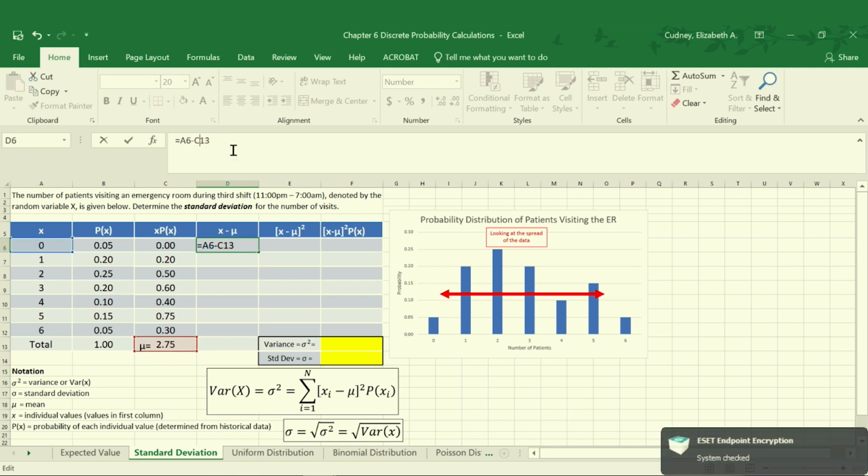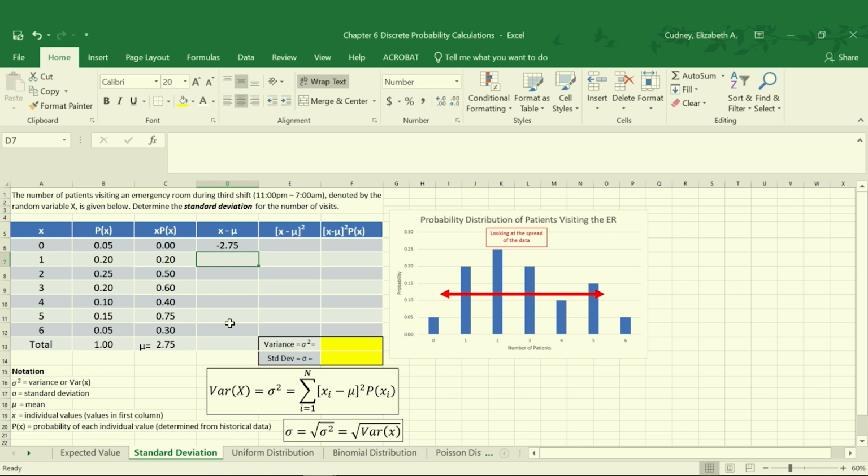So I want to make sure that my C13 is going to hold constant. I'm going to use my $ sign to hold that cell constant for that calculation. So for the first one, I have 0 minus 2.75, which gives me negative 2.75.